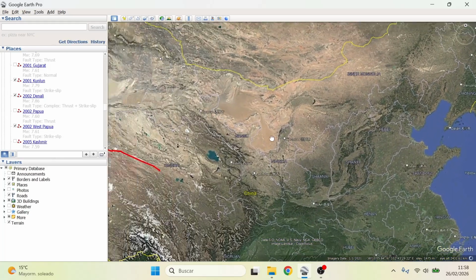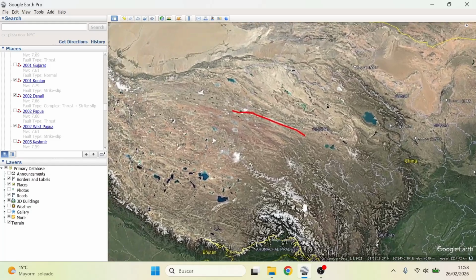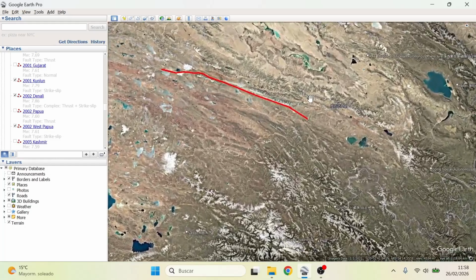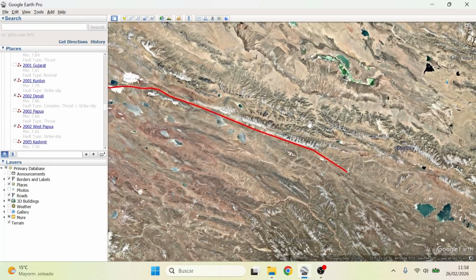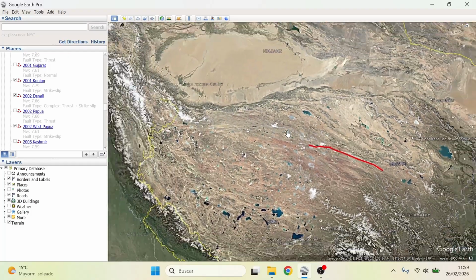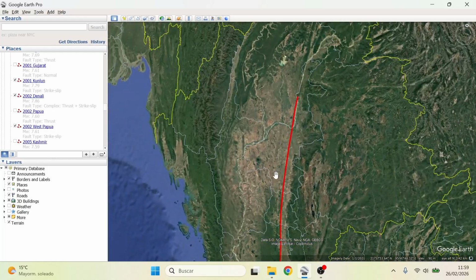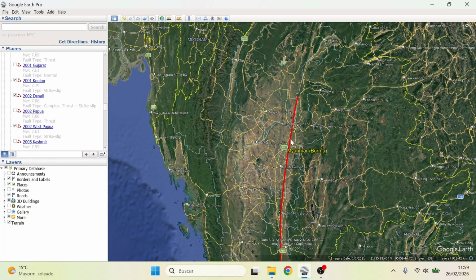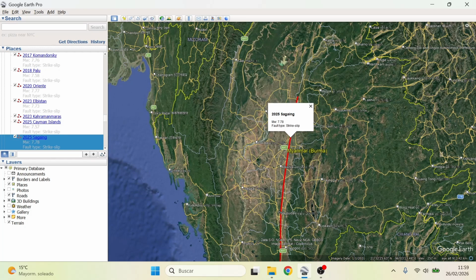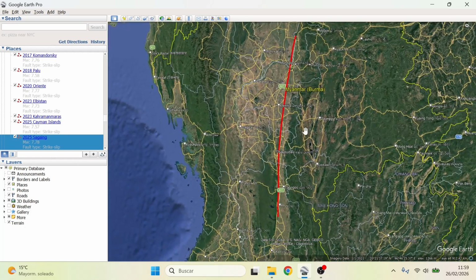But there are lots of different types of seismic fault lines. For example, here is the Kunlun fault in the Tibet region, and we have also the Sagaing fault here in Myanmar, which was responsible for last year's earthquake in the center of the country, which was truly devastating and had a very long rupture.